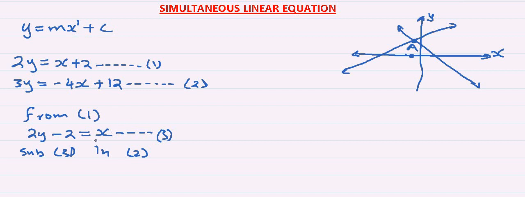Meaning when I see x, I'm going to substitute 2y minus 2 in equation number 2. Therefore, I'm going to have 3y equals negative 4, where I see x, I substitute 2y minus 2. You open the brackets: 2y minus 2, plus 12. Correct substitution is very important.